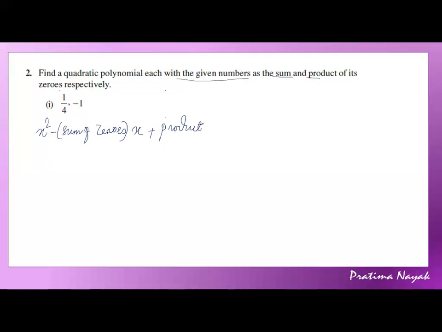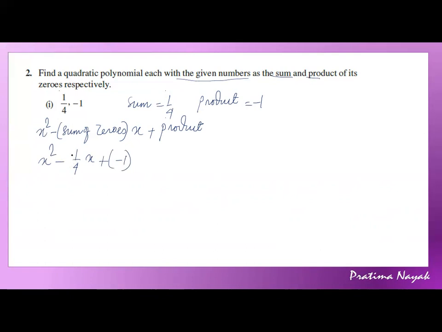So here for the first case, sum is 1 by 4 and product is minus 1. So you'll write x square minus 1 by 4 into x plus product is minus 1.